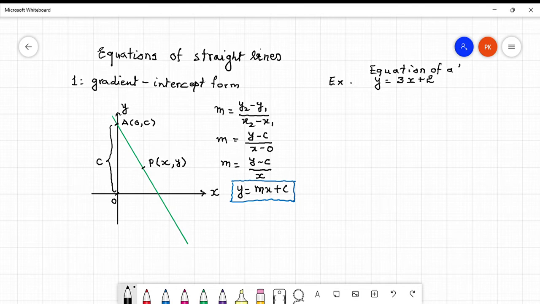So, if I compare this equation with y is equal to mx plus c, what is the value of m? m is 3. So, that is the gradient of the line. And c is equal to 2 here, which is the y-intercept.